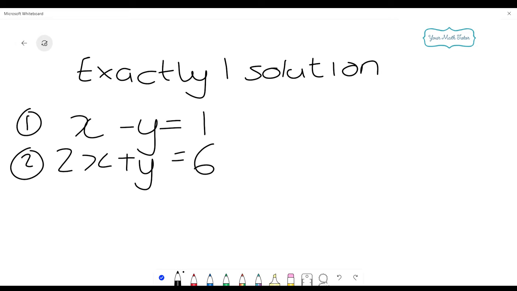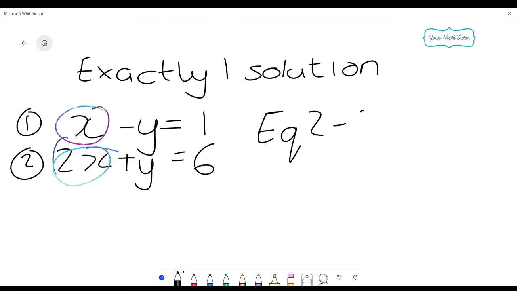So the first thing we have to do is to solve equation 2 by eliminating x. How we can do that is by subtracting 2 times equation 1 from equation 2. So how you would write it is equation 2 minus 2 equation 1.